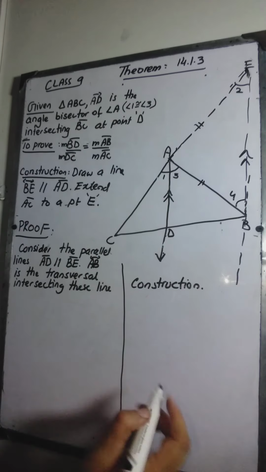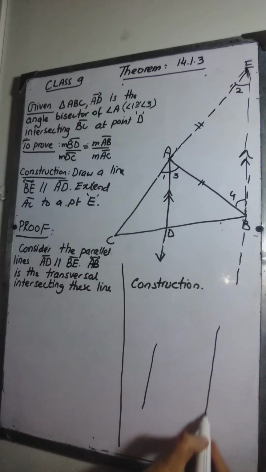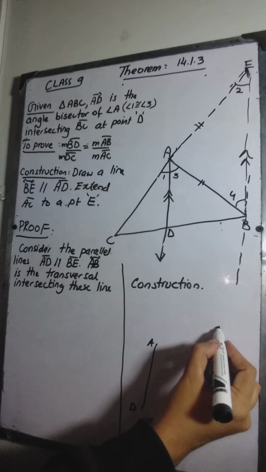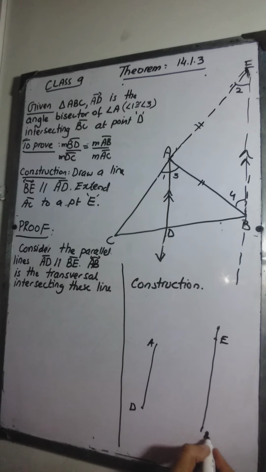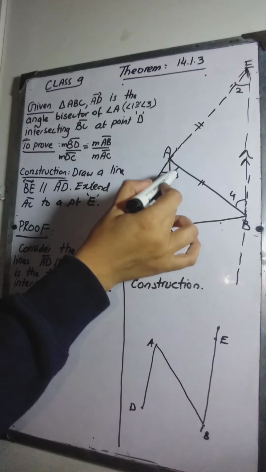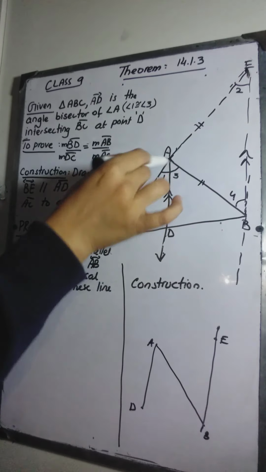Now we have two lines AD and BE. Let this be point A, D, and this be point E. Suppose this is point B. There is a transversal AB crossing them. Now angle 3 is between this bisector AD and this line AB.